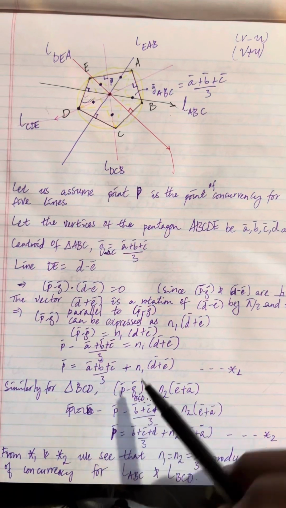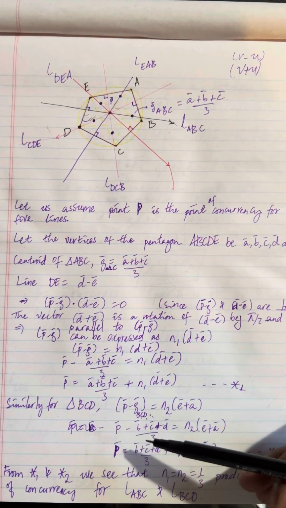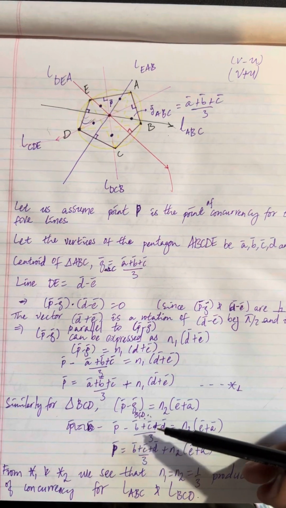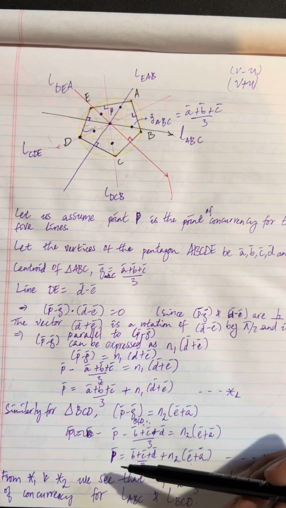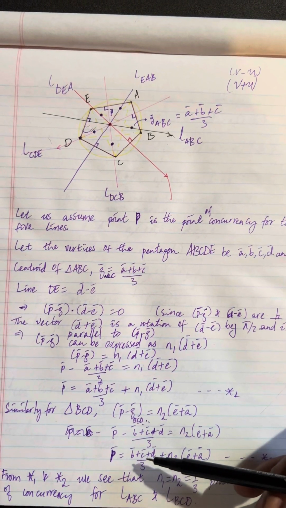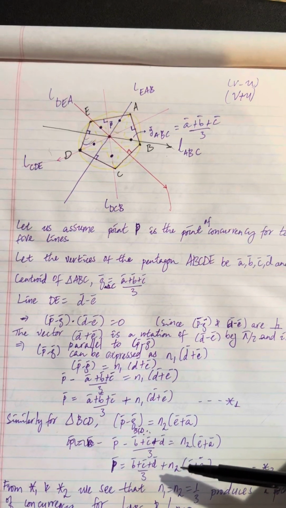That's what we're going to do here again. So that ends up becoming B plus C plus D over 3, which is equal to N2 times E plus A. And our position vector P will have to be represented by B plus C plus D over 3 plus N2 times E plus A.